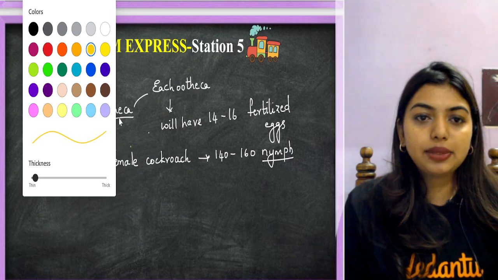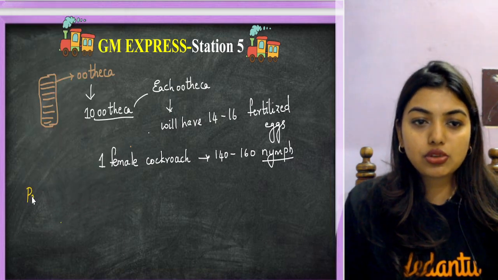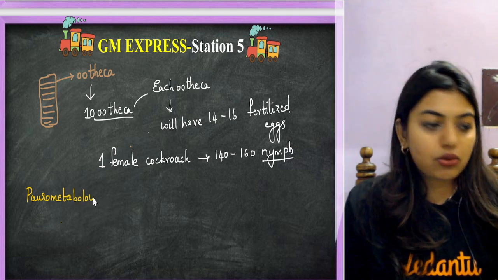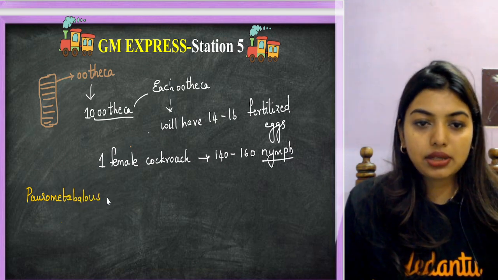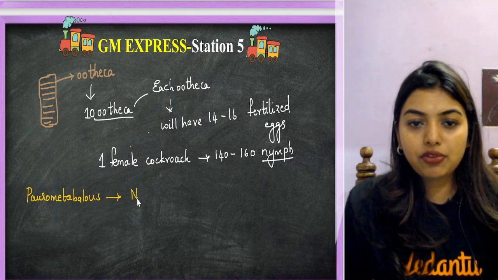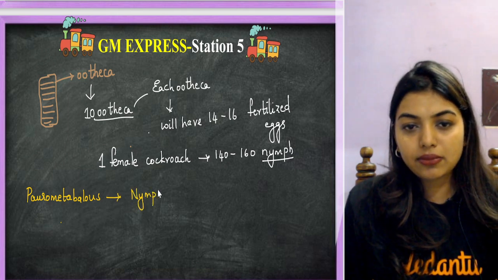So they are telling that the cockroach grows by paurometabolous development, that is with the help of nymph stages.